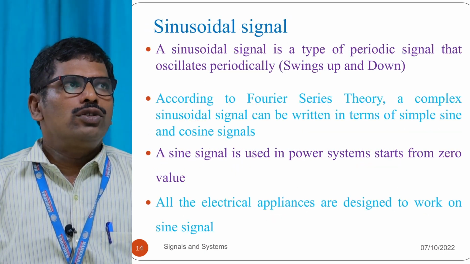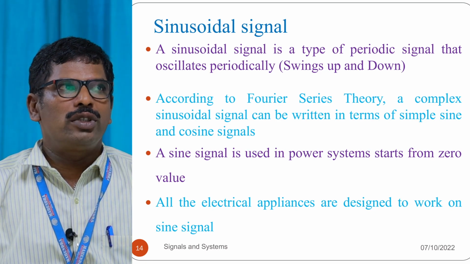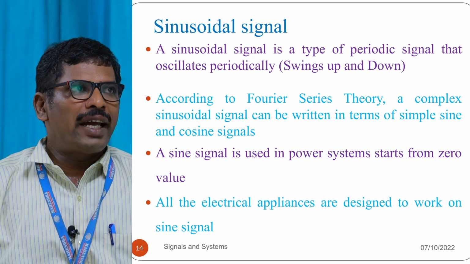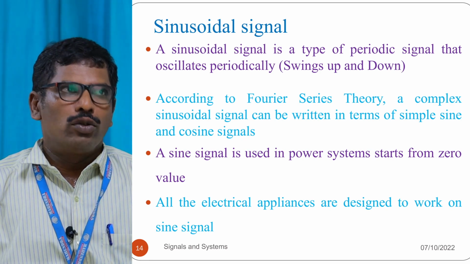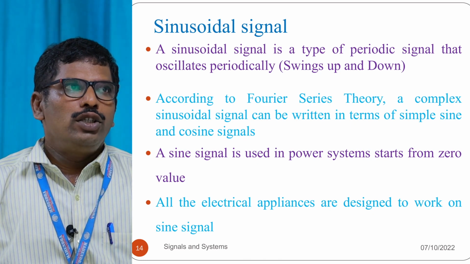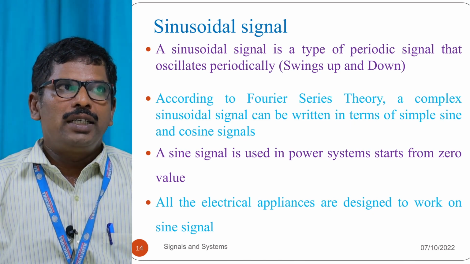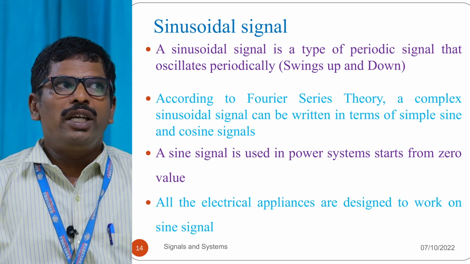Next, this is going to be a more important signal, the sinusoidal signal. That's why I put this in the last slide. The sinusoidal signal is a periodic signal that swings up and down. This is the most important case. If anything is non-uniform, then we will call it aperiodic. Most of our sinusoidal signals are periodic signals.